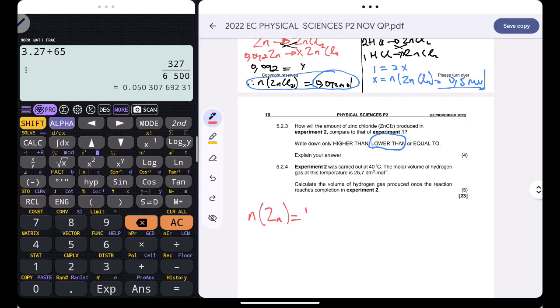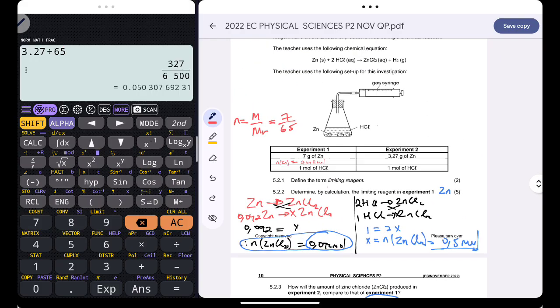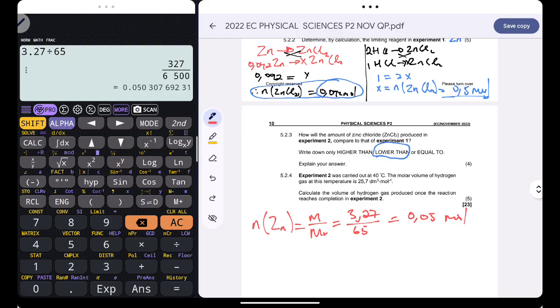The number of moles for zinc is simply mass all over the relative atomic mass number. It's 3.27 divided by 65. All I'll get is 0.05 moles. This is zinc, right? But please note that one zinc will always give me one hydrogen.